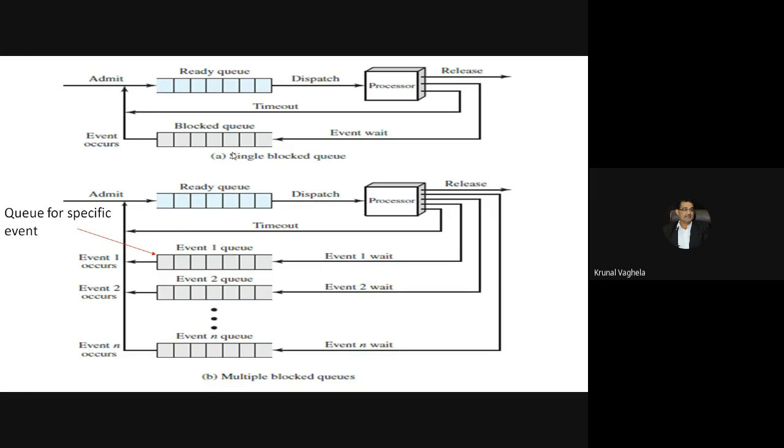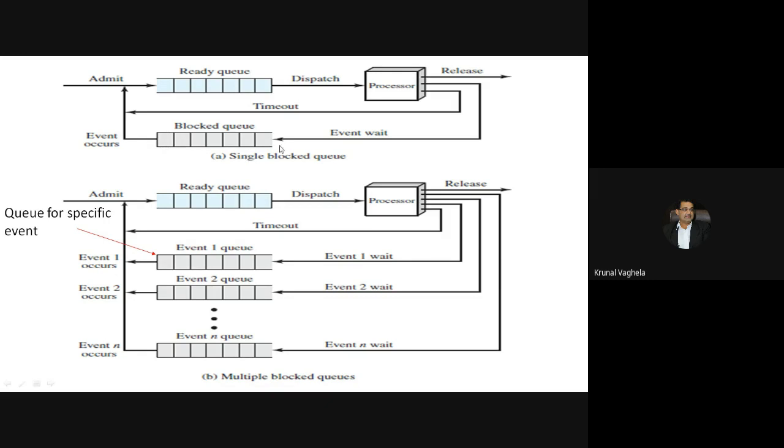Consider process number one is waiting for input, process number two is waiting for output, process number three is waiting for a message from the OS, process number four is waiting for a message from some other process. So each process has different reasons to block.